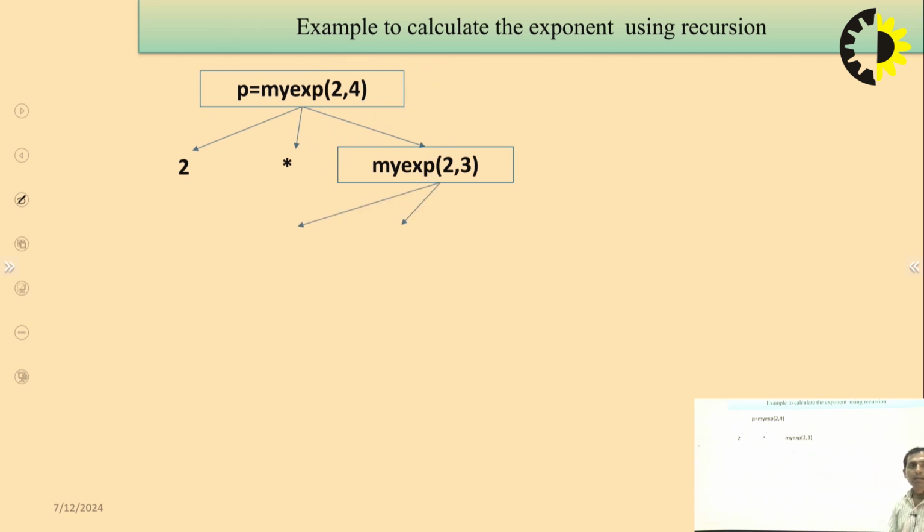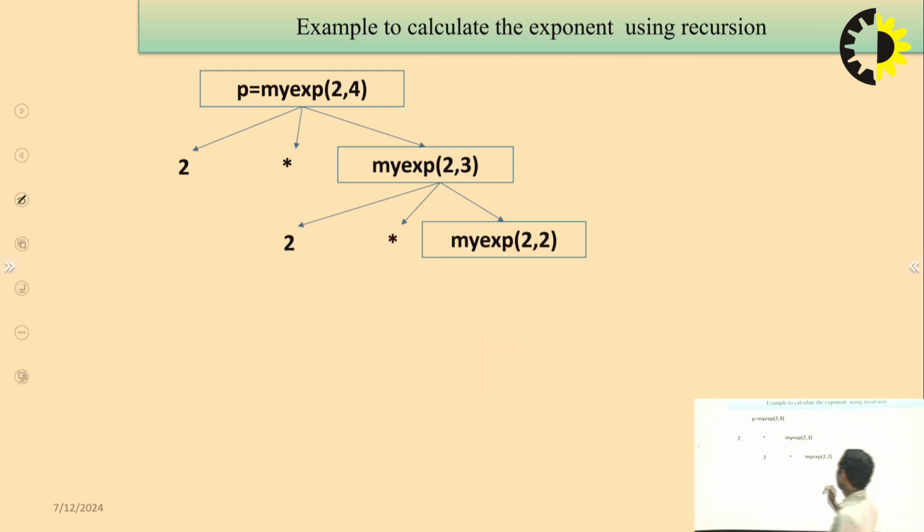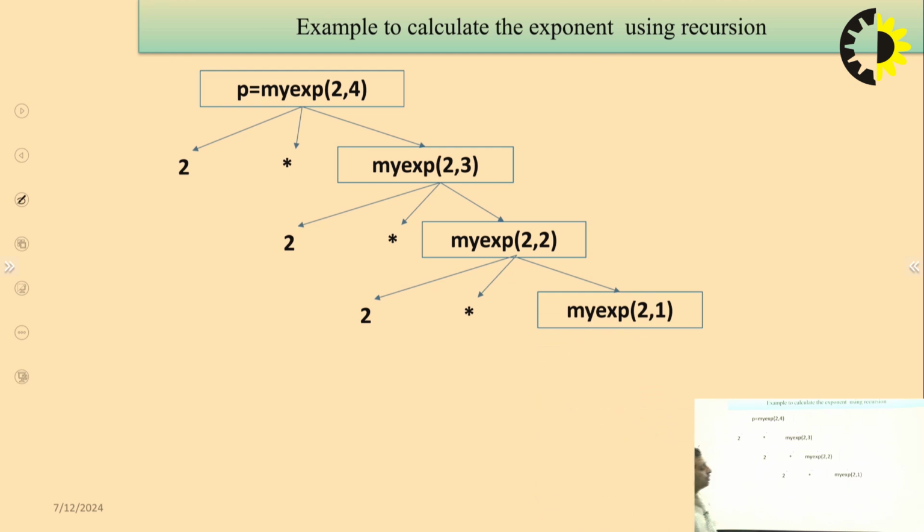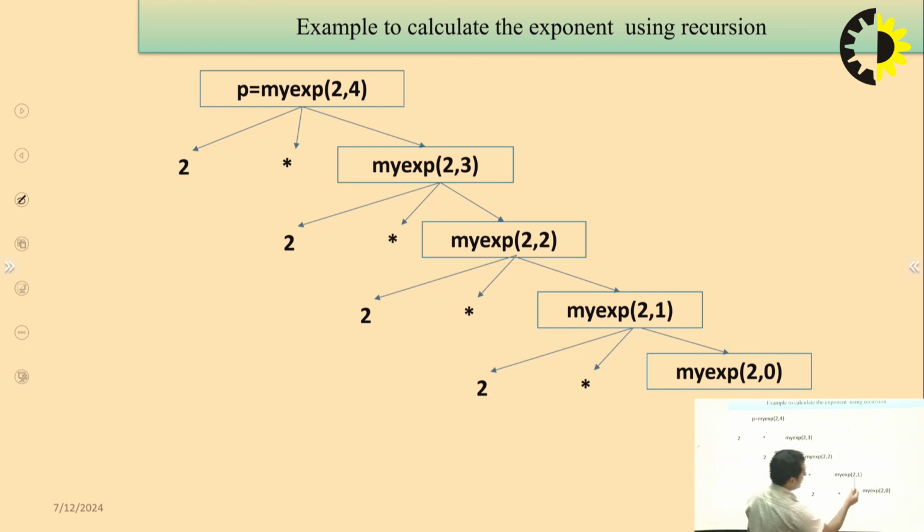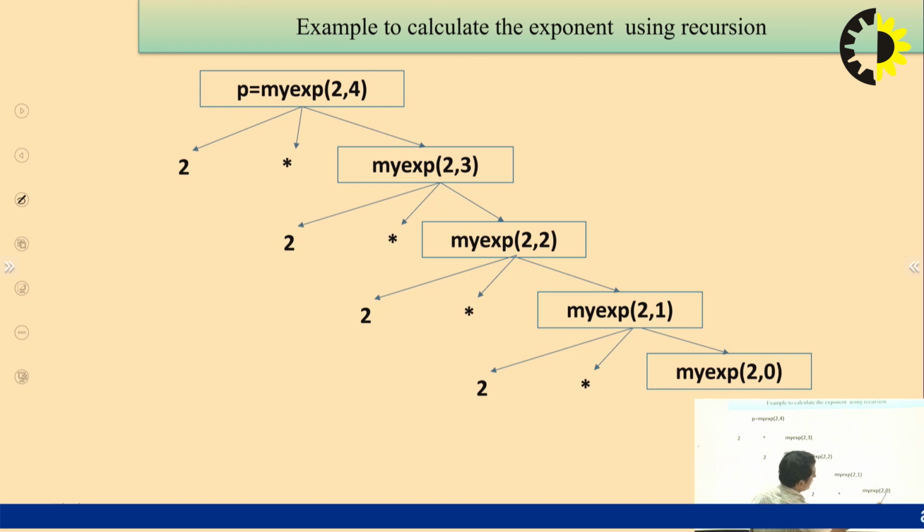Then again a recursive call, 2 into my exp 2 and 2, with b decremented. Again a recursive call, 2 into my exp 2 and 1, and again 2 into my exp 2 comma 0, decremented by 1. Now this reaches the base case, and in the base case we receive 1.